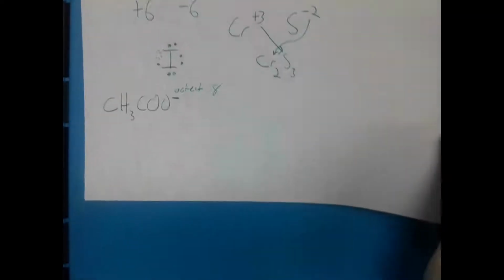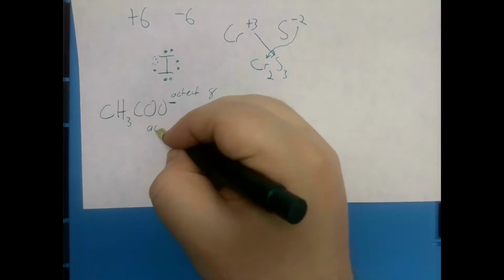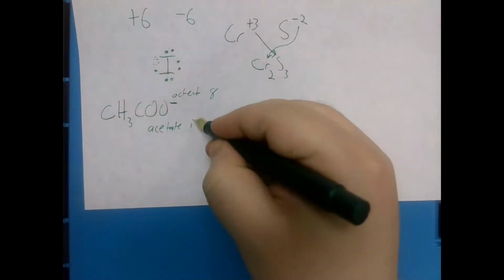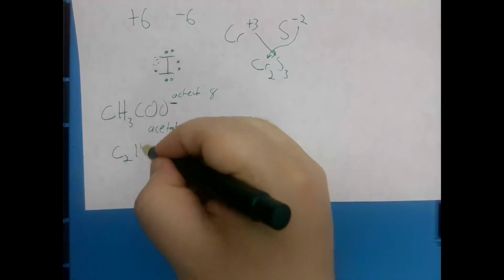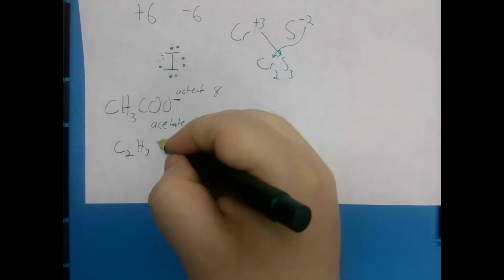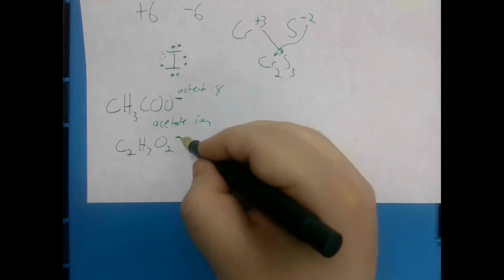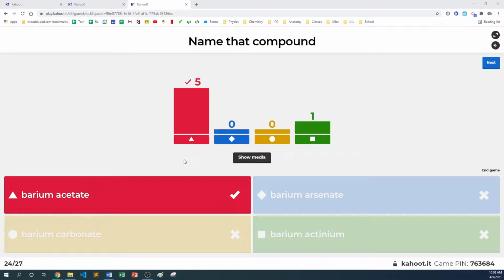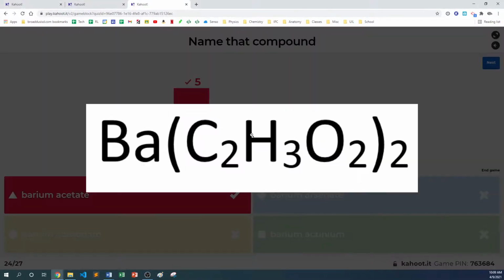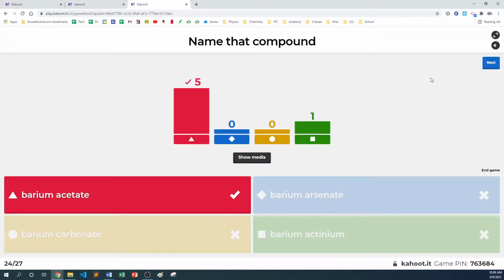Occasionally they'll group the H3 together and the O2 and write it like that. The top one is the preferred way you see everyone write it, but writing like this is acceptable too.